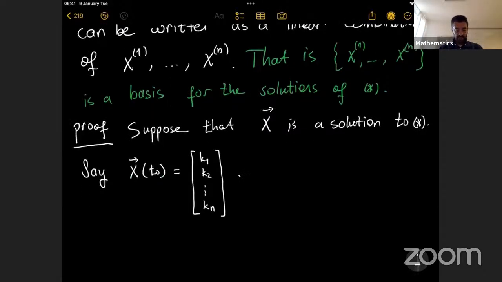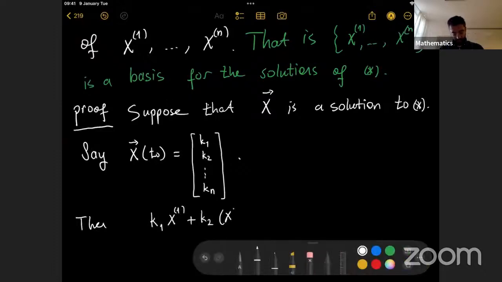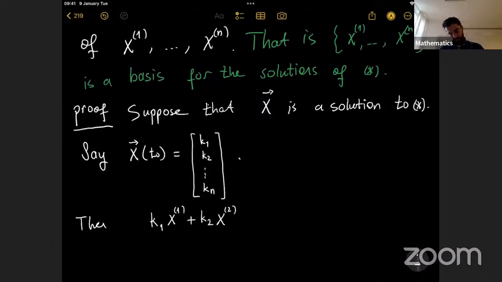Then we had x1 up to xn. Let's look at this and consider this vector function, k1 x1 plus k2 x2, oops, sorry, kn xn.